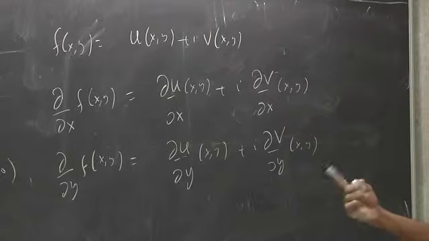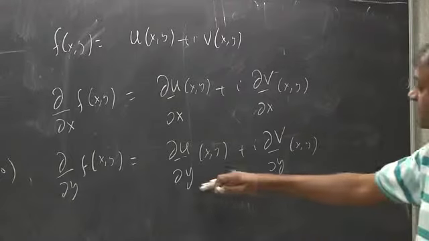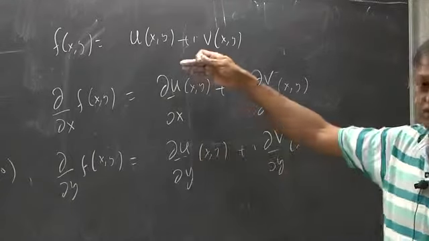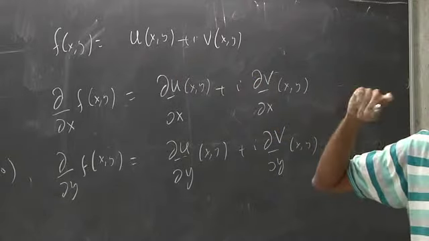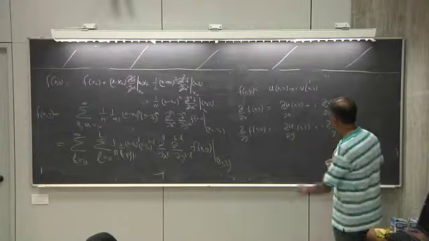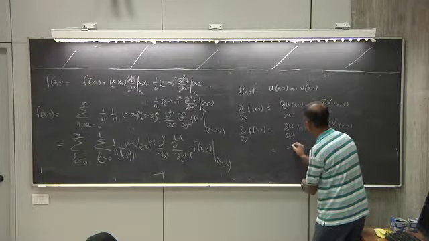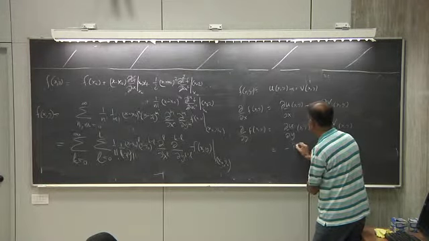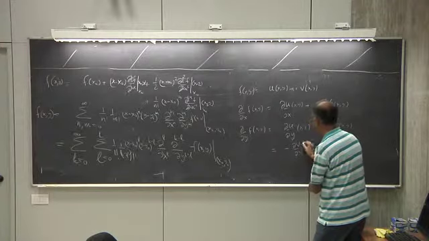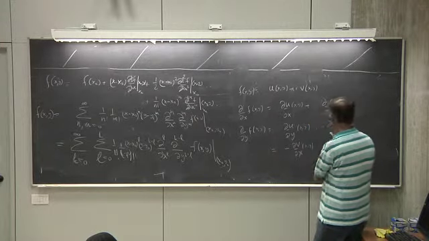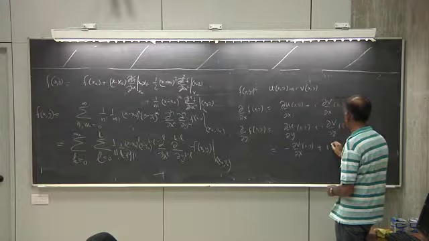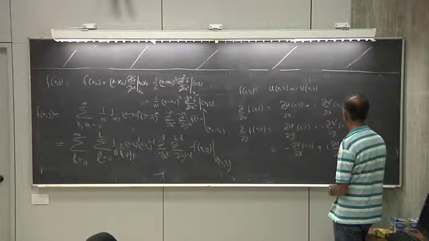Now I use the Cauchy-Riemann condition, and I will convert all the d by dy into d by dx. So by using the Cauchy-Riemann condition, this is the same as minus dv by dx at xy plus i du by dx at xy.